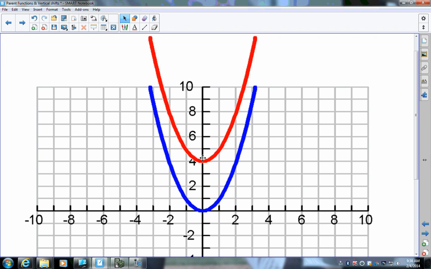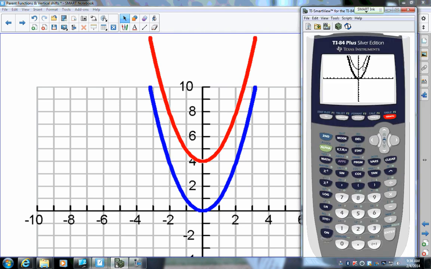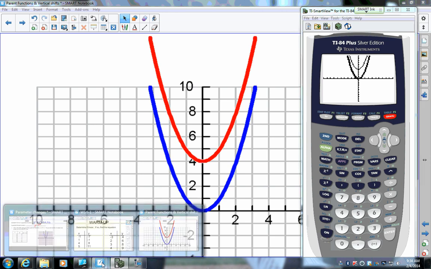All I did was slide it up. Did I change the width? Did I make it fatter or skinnier? No. It kind of looks like it, doesn't it? On the graph, doesn't it look like it's skinnier? But that's not really what happened, because these narrower parts down here, all I did was shift them up and move them up.